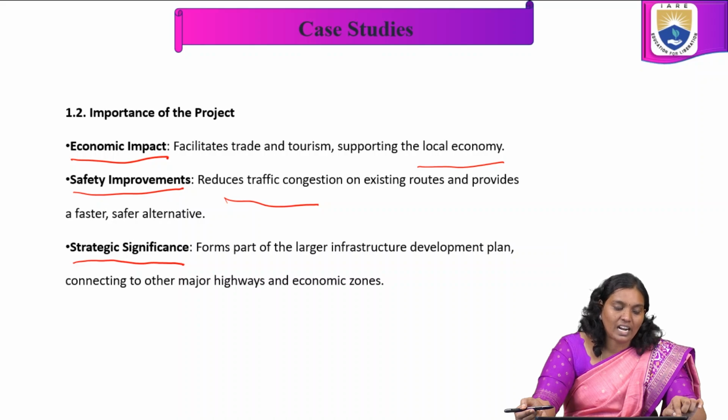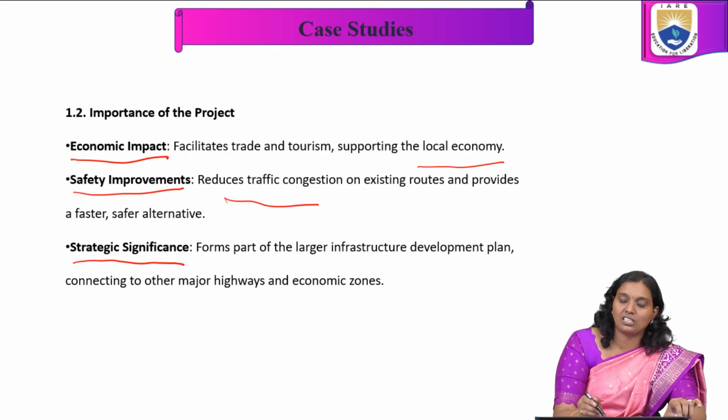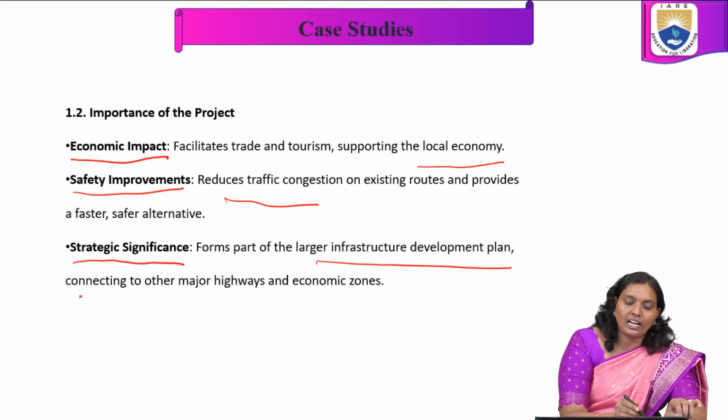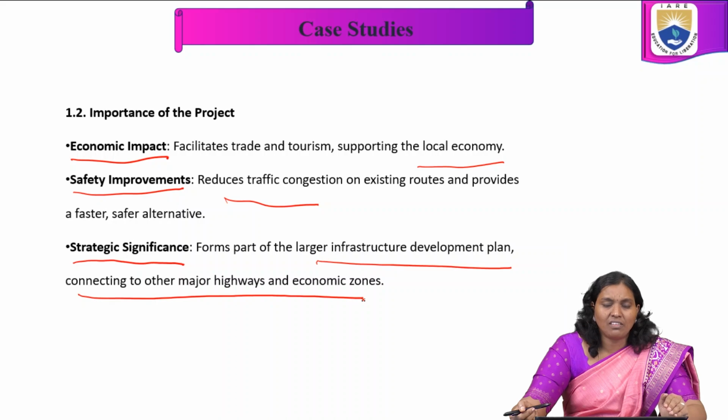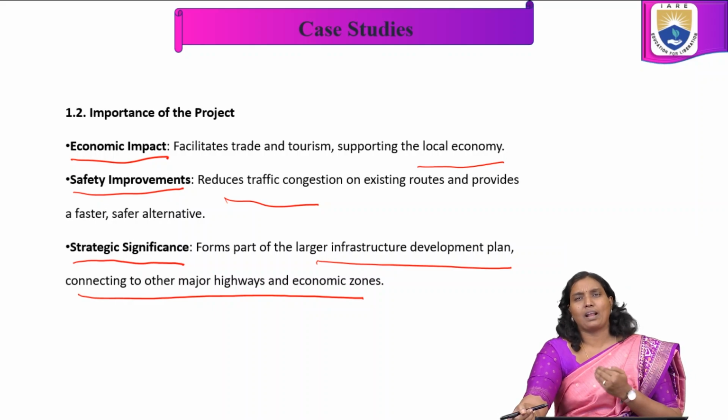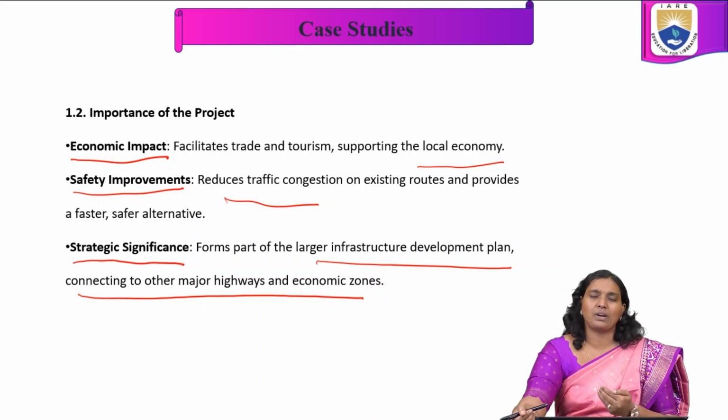The strategic significance is that it forms part of the larger infrastructure development plan connecting to the major highways and economic zones. These are the various important parameters we consider. A few more parameters are also involved in this particular project.